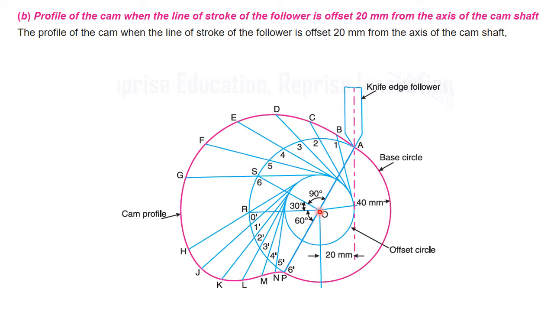After that, we know from the question that the out stroke is 90 degrees, next dwell is 30 degrees, and next return stroke is 60 degrees. So we make an angle from OA anti-clockwise 90 degrees and draw a line passing through S. Again we take 30 degrees anti-clockwise and draw a line OR.